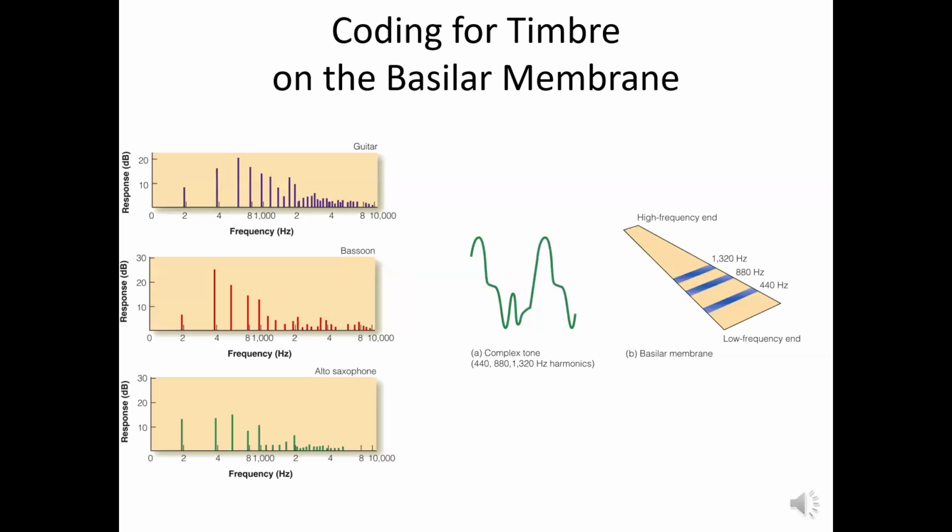And so if we take that basilar membrane that looks like a shell, and spread it out flat, like I did in one picture, we can see these maximal points of displacement.